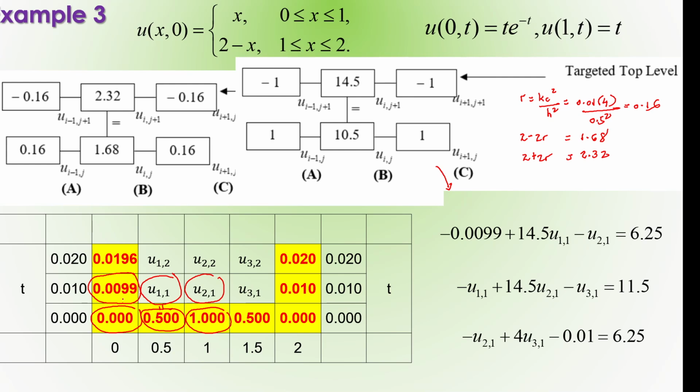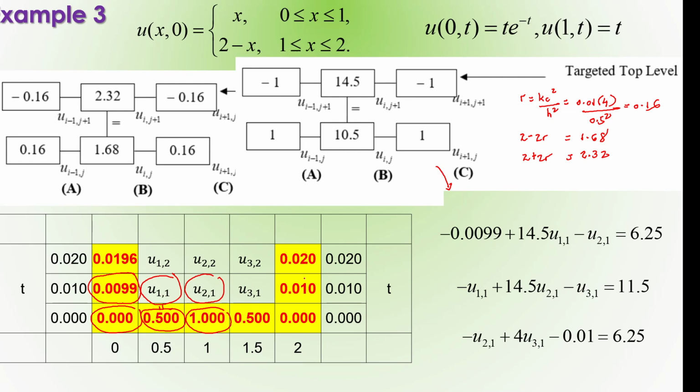So you get -1 times this value, -0.0099, plus 14.5 U11. They take the coefficient in the molecule times the value in the grids here. So -1 times 0.0099 plus 14.5 U11 minus U21.